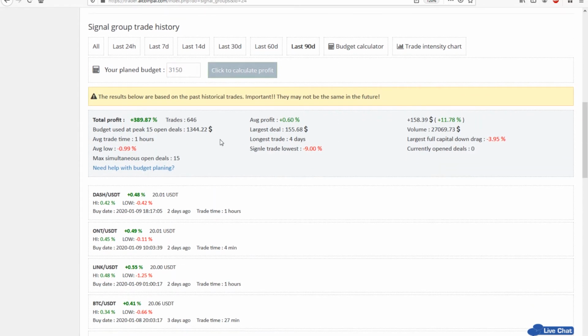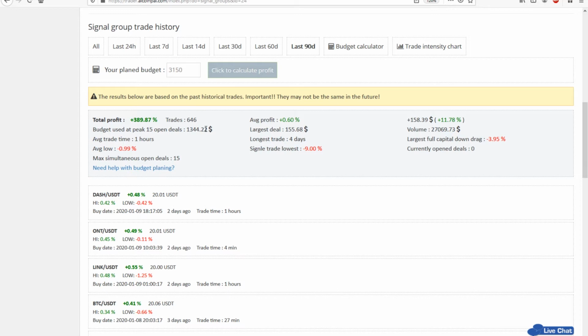And the system is telling us that if we had a budget like this, we would have a maximum of 15 open trades, and the maximum trade would be $155, and we would earn 11% additionally to the maximum amount of budget that the system has used.